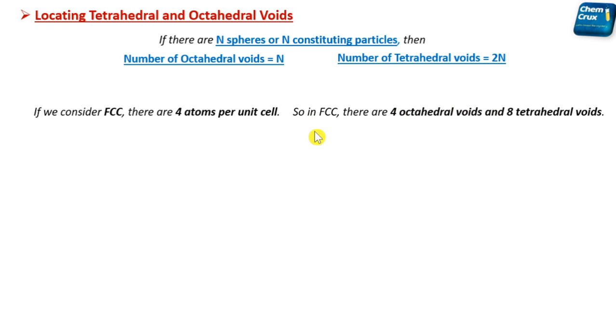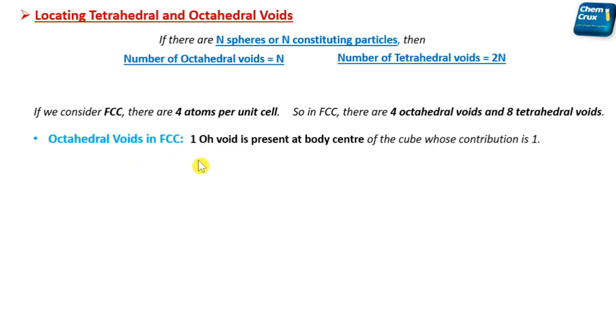So now we will try to locate these 4 octahedral voids and 8 tetrahedral voids in FCC. So let us locate the octahedral voids in FCC. One octahedral void is present at the body center of the cube. Now if you remember, in FCC there are 8 points at the 8 corners of the cube, and then there are 6 points at the center of the 6 faces, right? Which together looks like this.